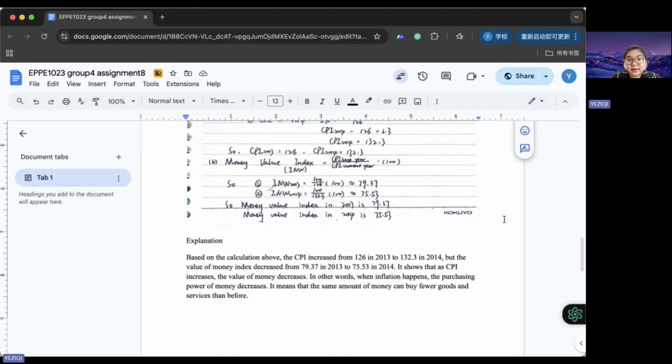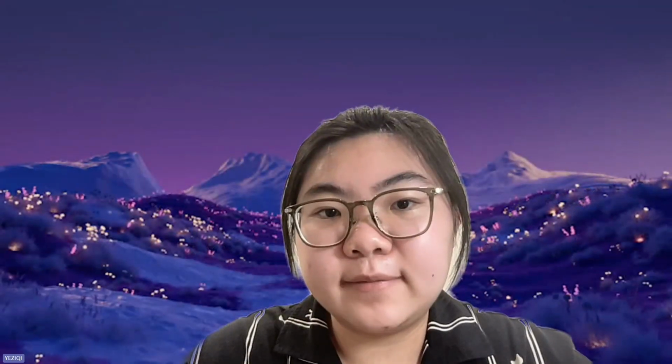So it shows that as the CPI increased, the value of money decreased. In other words, when the inflation rate increases, the purchasing power of money decreases. It means the same amount of money can buy fewer goods and services than before. That's all for my part. Thank you for listening.